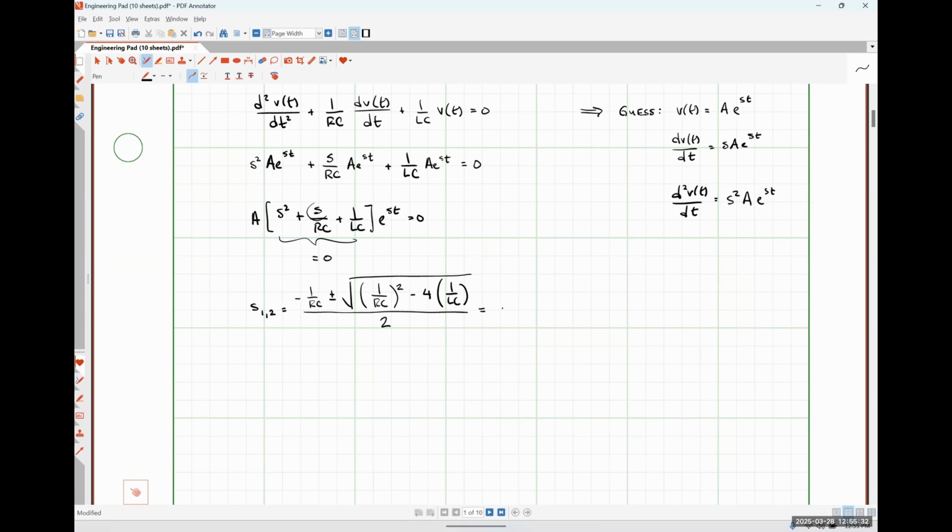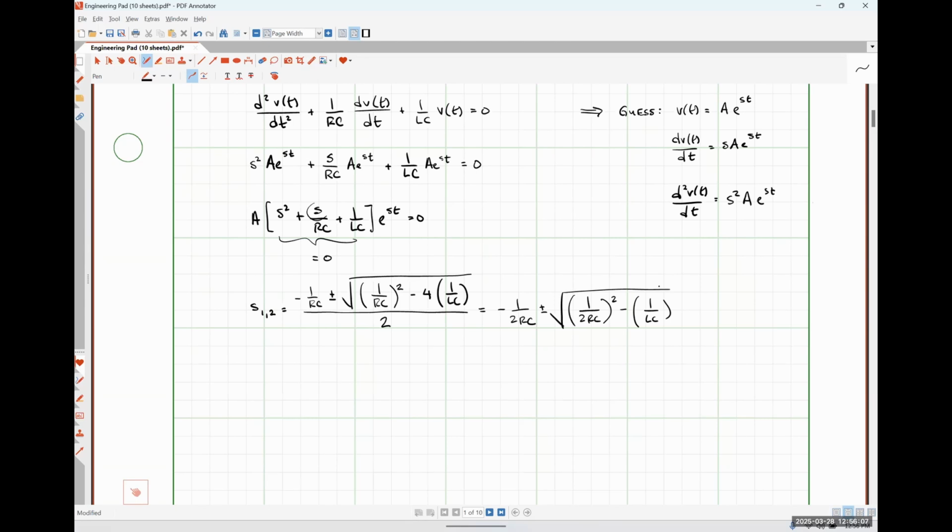So that's going to wind up looking like negative 1 over twice RC plus or minus the square root of (1 over twice RC) quantity squared, minus 1 over LC. Are we all okay with that? Okay. So I have my two natural frequencies for my system.